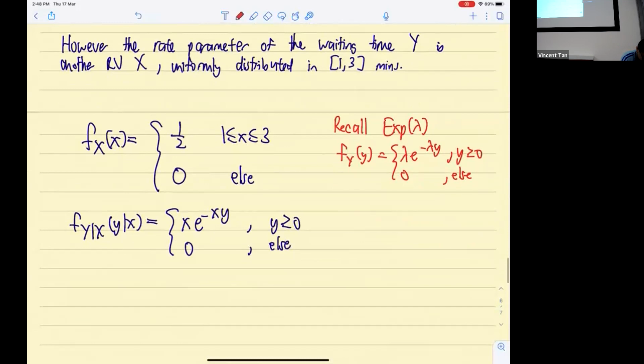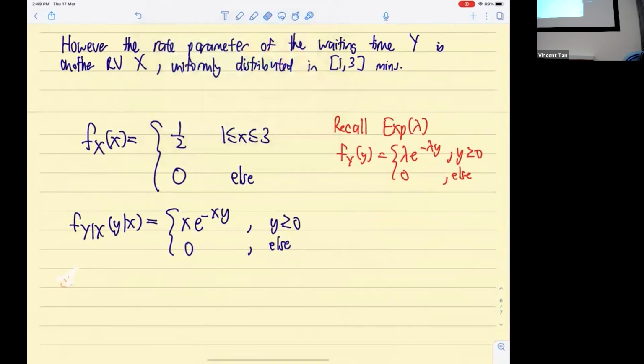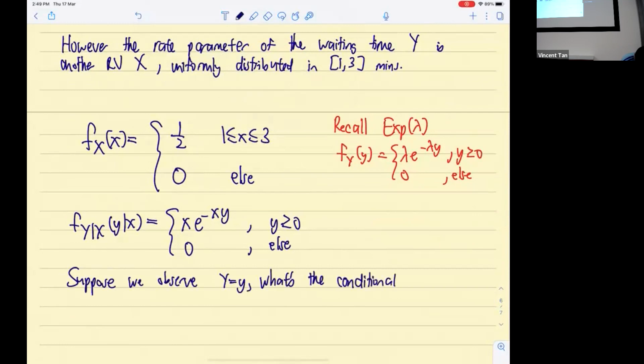What do we expect? Suppose we observe Y equals to y. Okay. What is the conditional PDF in this case? Conditional PDF of x.